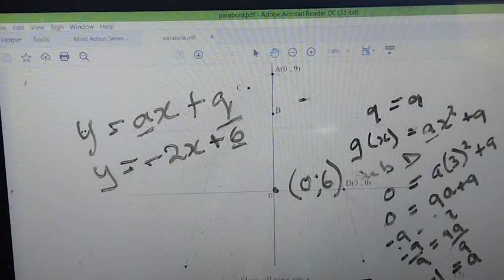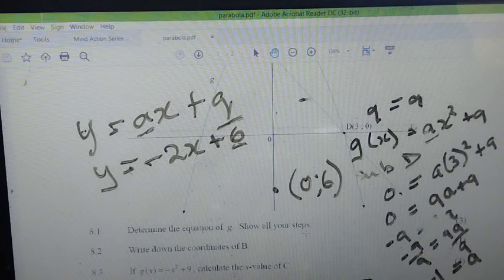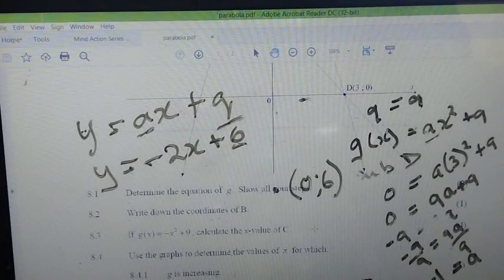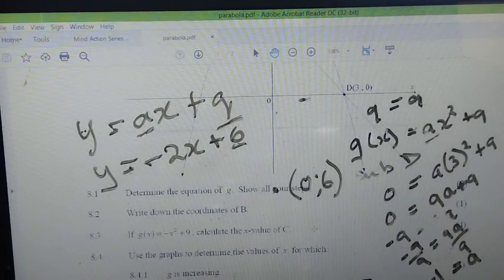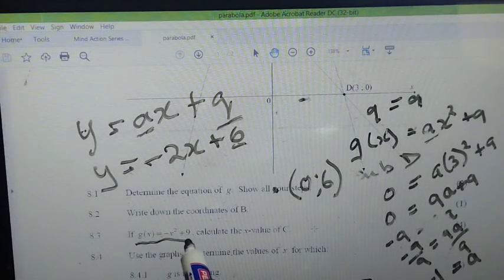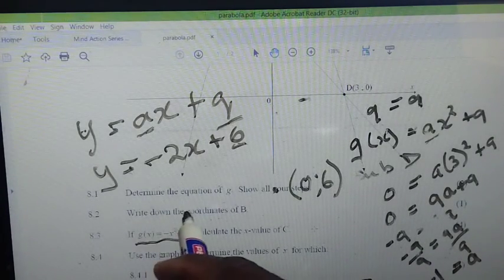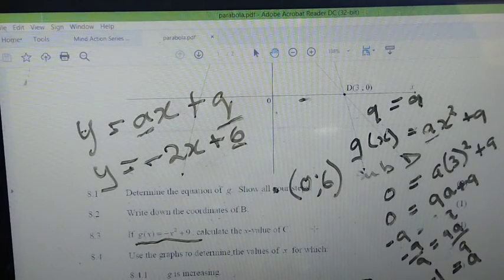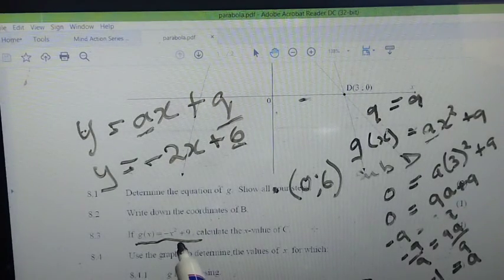Okay, moving on to 8.3. 8.3 reads, if g of x is equal to negative x squared plus 9, calculate the x value at C. Now, the examiner has given us g of x in case we struggled to determine the equation of g, but you should know that this is what the examiner wanted.